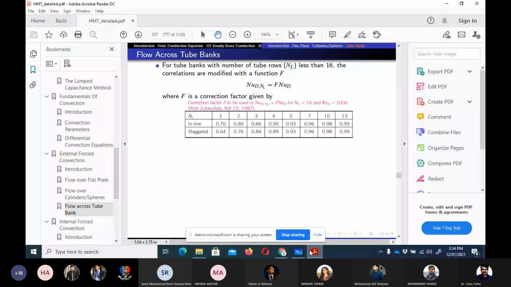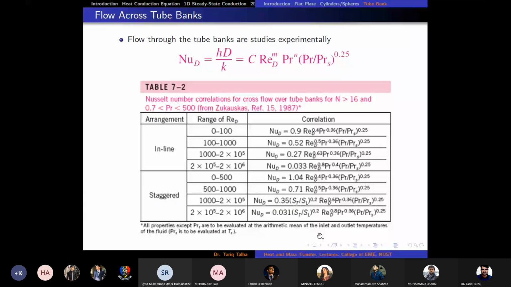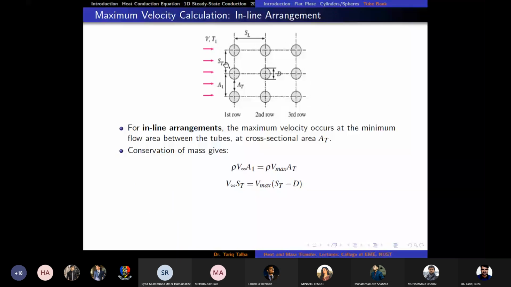I was discussing the correction factor here. So let me revise it, maybe it would be good for your knowledge. All these relations which I have shown you are only applicable when we have the number of rows, here first row, second row, third row.